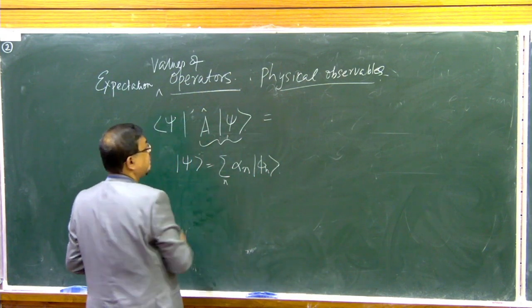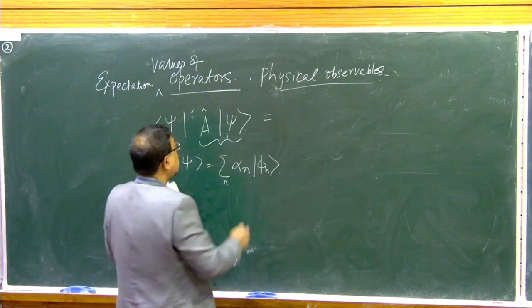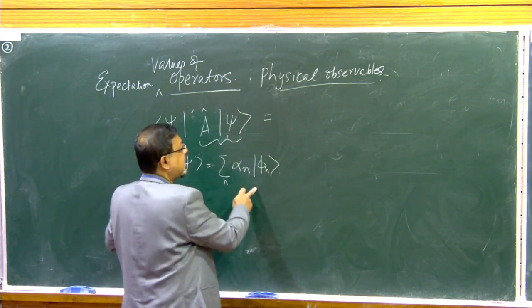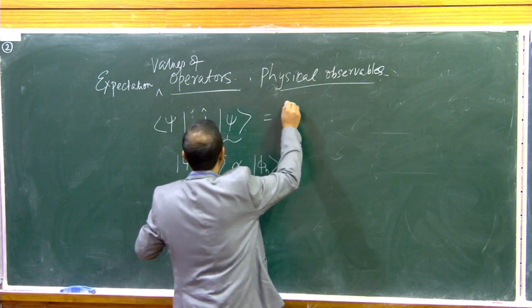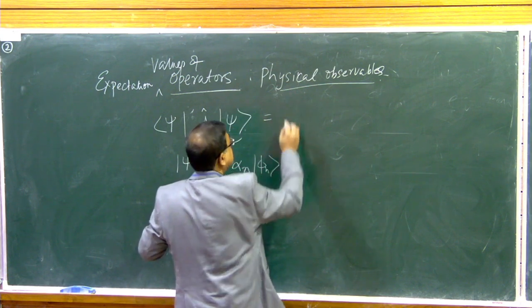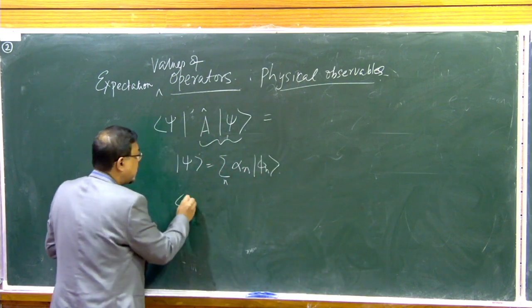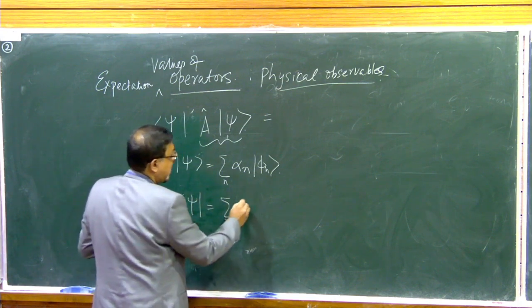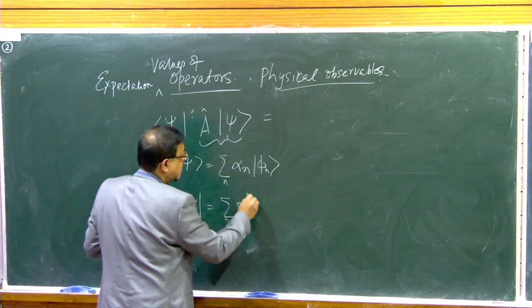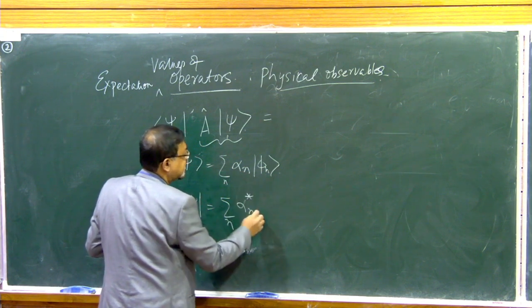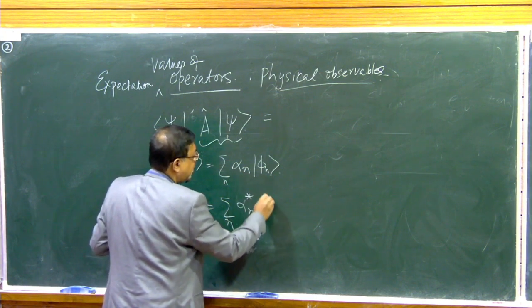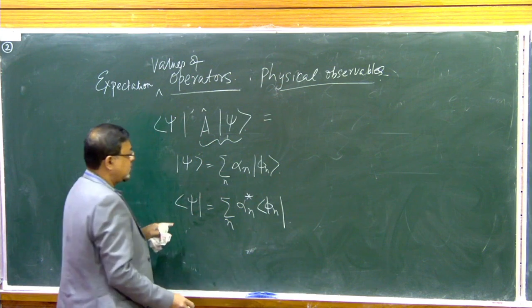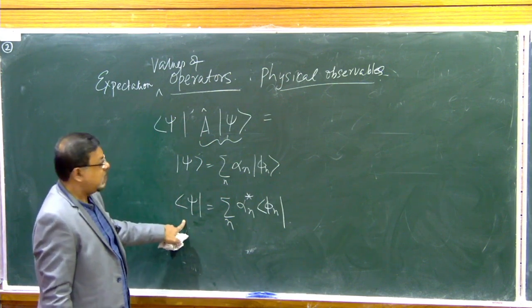This is what we have written. Okay, now this is an operation that has to be written. So this bra psi can now be written as the sum over n of alpha n star, and instead of the ket phi we'll write a bra phi.